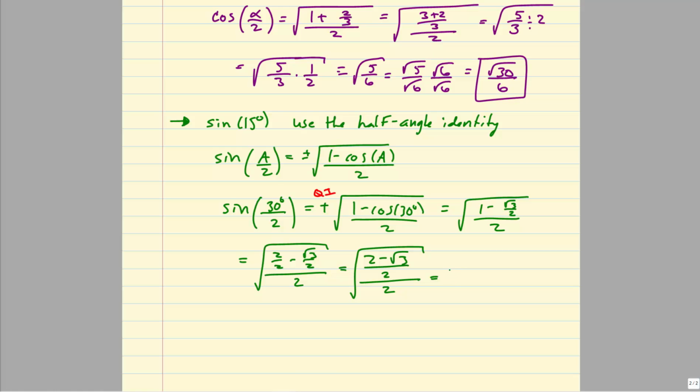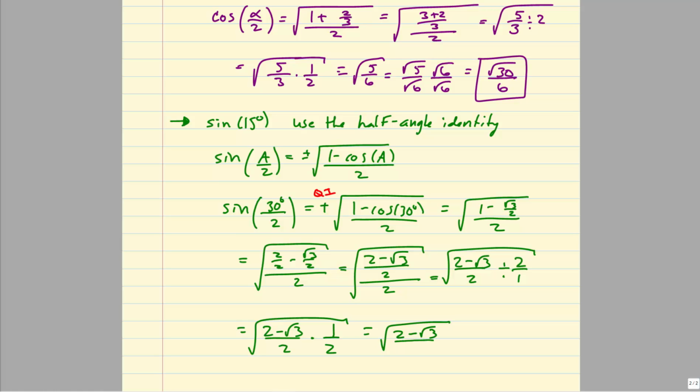So again, what we have here is 2 minus root 3 over 2 divided by 2 over 1, all underneath the radical. So 2 minus root 3 over 2 times 1/2. When you divide by a fraction, you multiply by the reciprocal. So I'm left with the square root of 2 minus root 3 over 4.